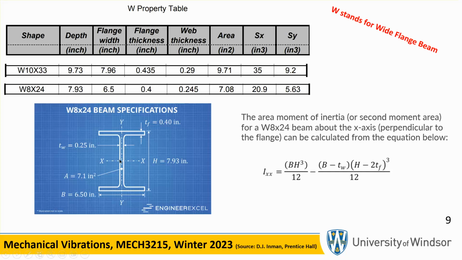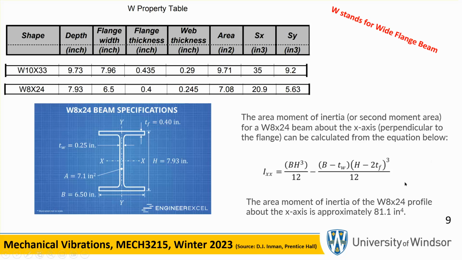So if these are bending about this axis, we need the I. These are standard formulas for a rectangle and the parallel axis theorem, etc. But anyway, it says the Ixx about this bending axis of the I-beam, for W8 by 24, is coming from here, and it's approximately 82.8 inch to the 4.